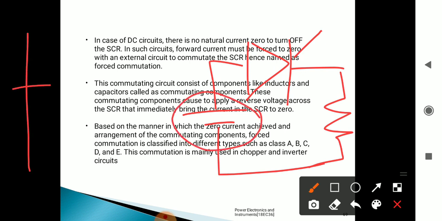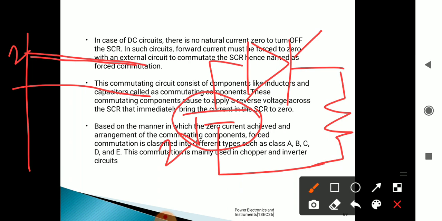If we draw the waveform for this input supply, the supply voltage will be constant, for example 2 volts. So the battery voltage is 2 volts, which means there is no natural zero for a DC. There is no natural current zero to turn off the SCR. In such a circuit, forward current must be forced to zero with an external circuit to commutate the SCR.